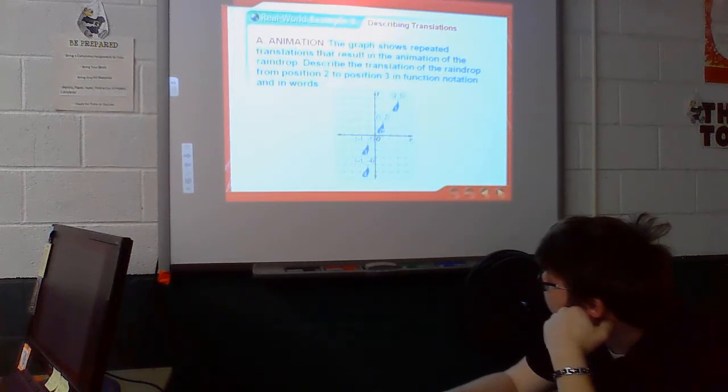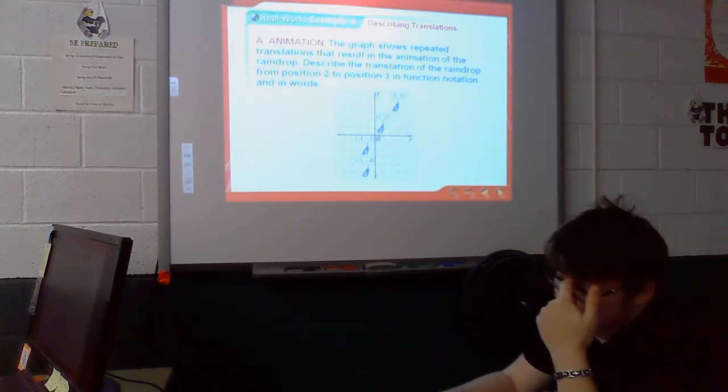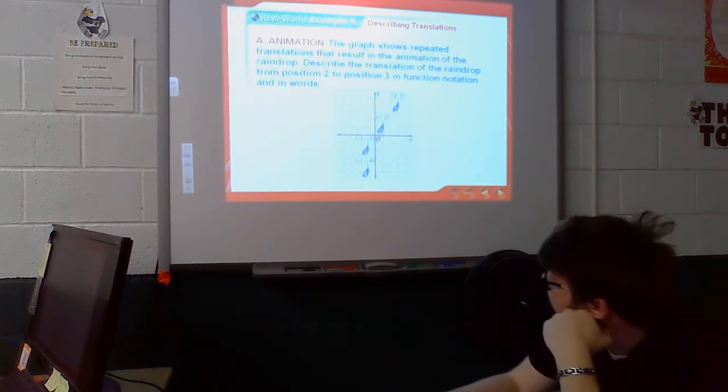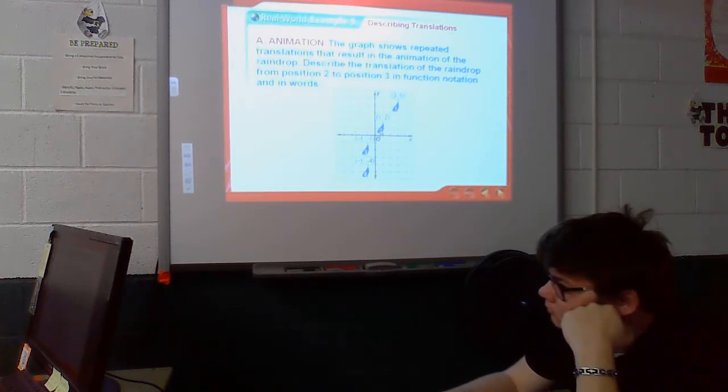So if this is from 2 to 3, how did I get from 1, 2 to -1, -1? What would I have done? I added another 1, 2? Well, if I add 1, 2 to 1, 2, I get 2, 4.